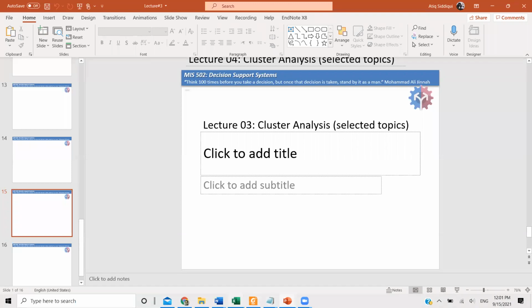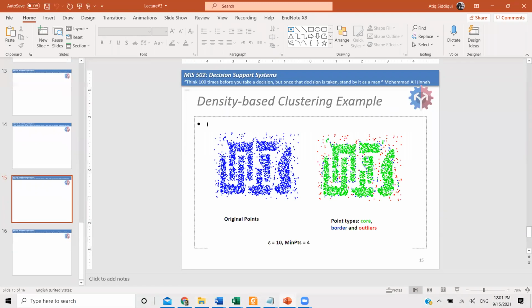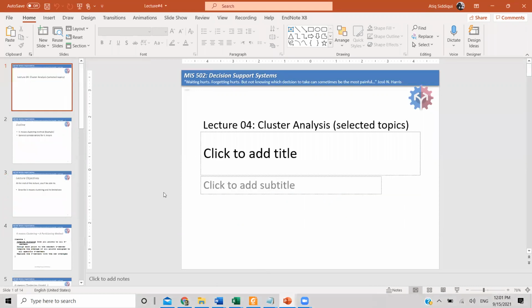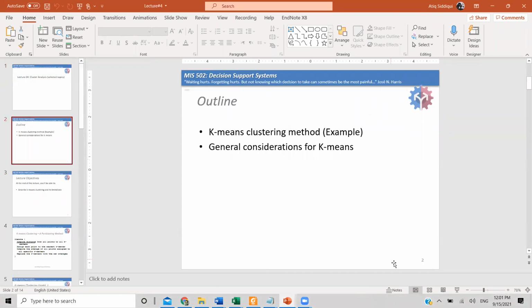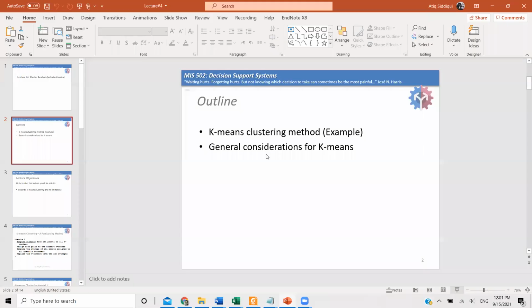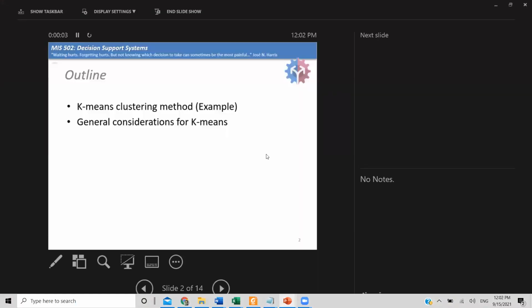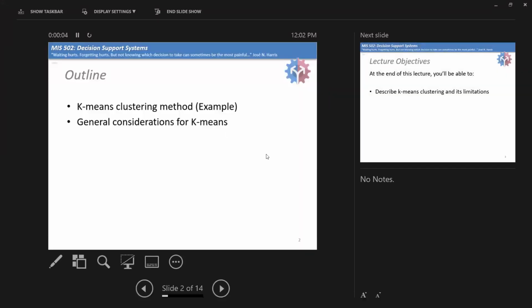I think we are ready, and we'd like to jump into real business. So we actually want to run an algorithm and find the solutions. Okay, so we are going to start with k-means clustering.